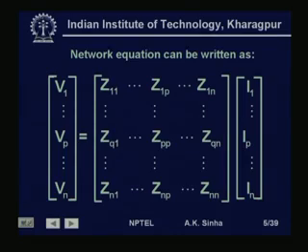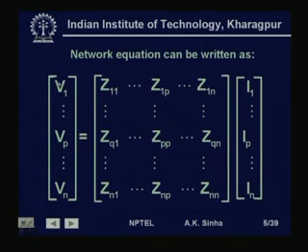Now, if you recall the network equation, we can write V bus is equal to Z bus into I bus. We have written this equation in expanded form for an n bus power system. So, we have voltages at various buses as V1, V2 up to Vn, and the current injections as I1, I2 up to In.